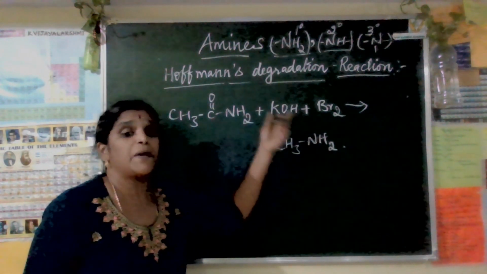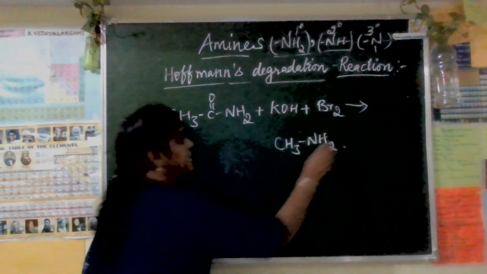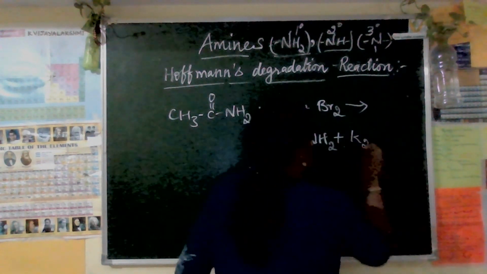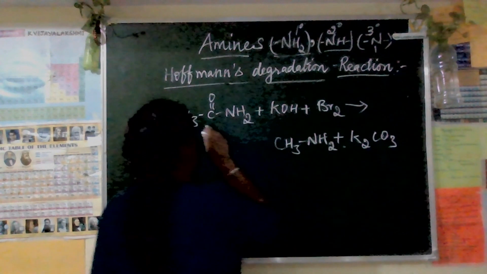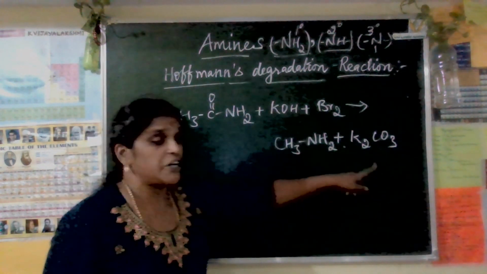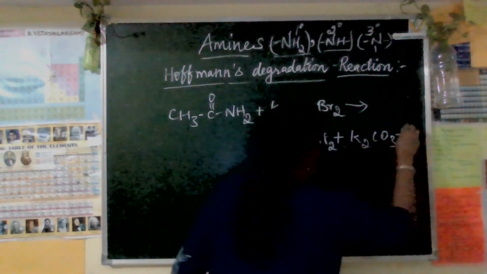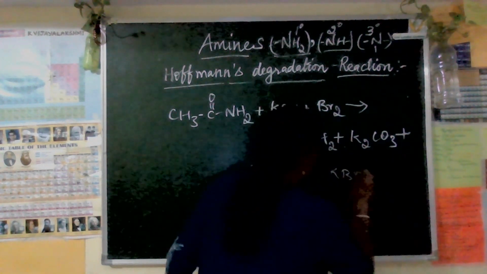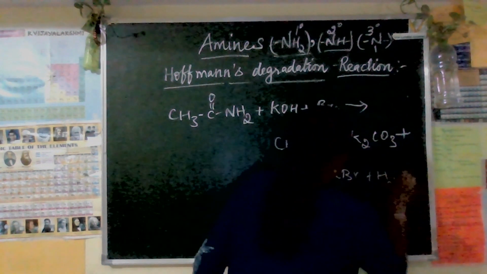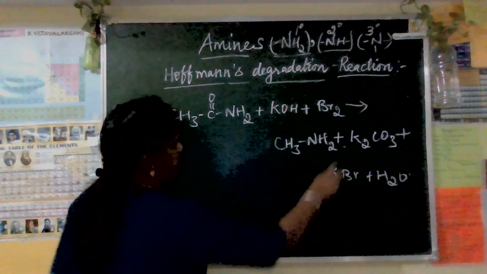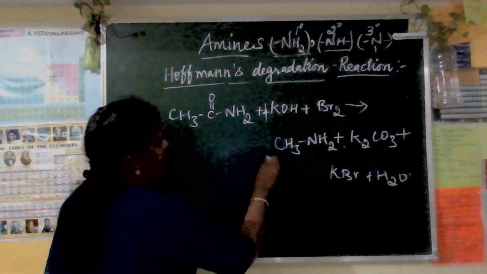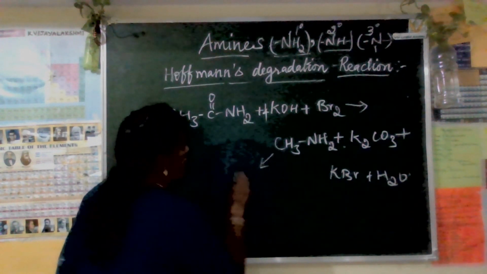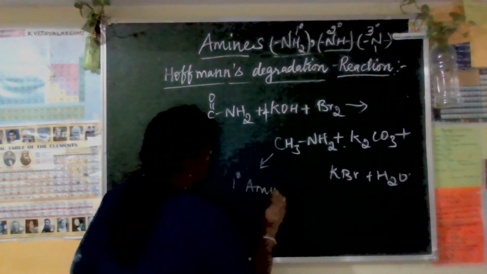So the CO group has been converted into K2CO3, potassium carbonate, along with KBr plus water. Now, see, this is the primary amine.